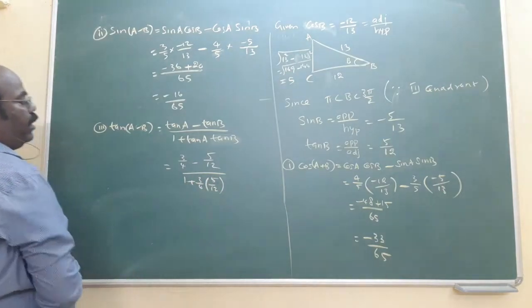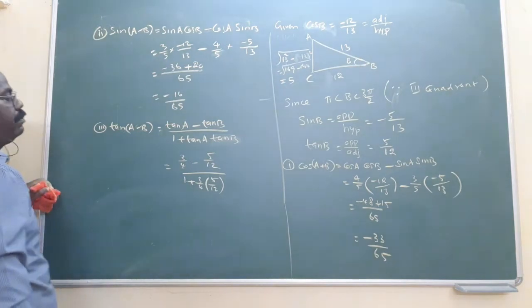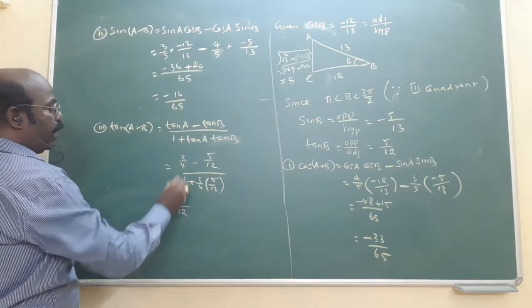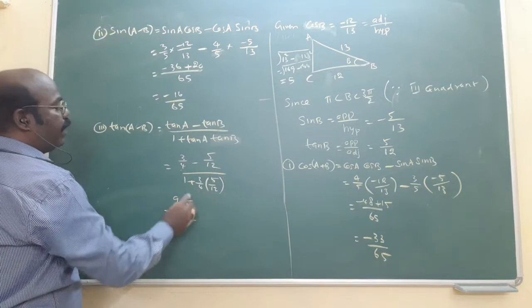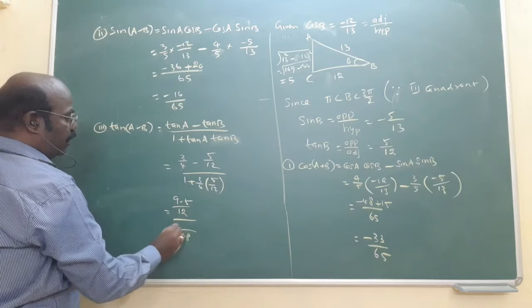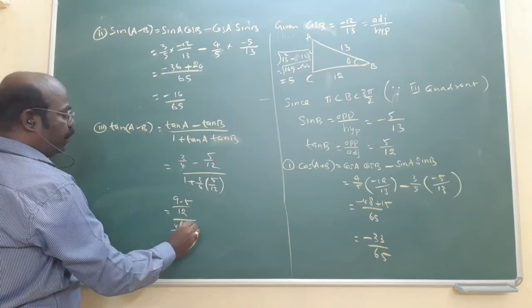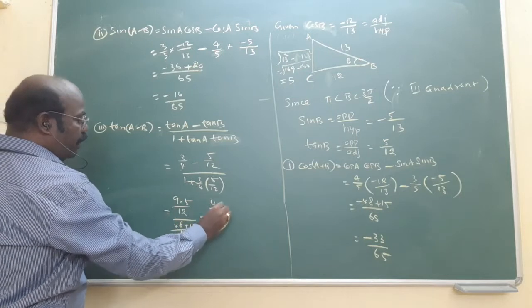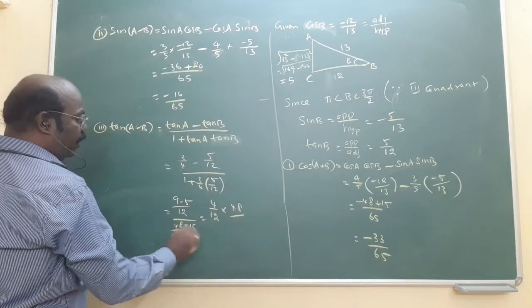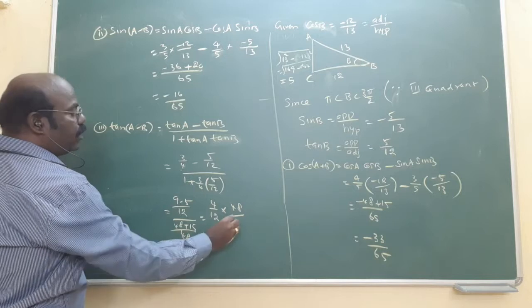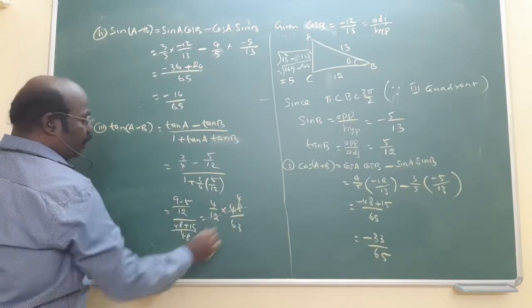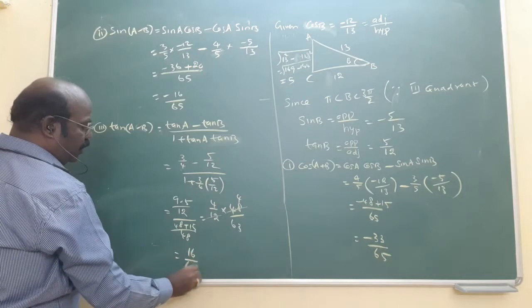In the numerator, what is the LCM? 12 is the LCM. Here 9 minus 5. In the denominator, what is the LCM? 48. 48 plus 15. Now adding both, 63, and the numerator 4 by 12 is multiplied by 48, so 16 by 63 is the answer.